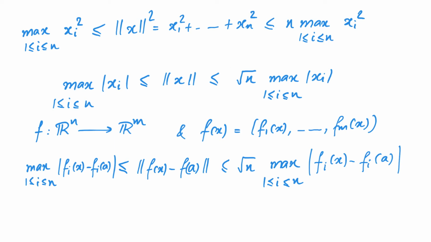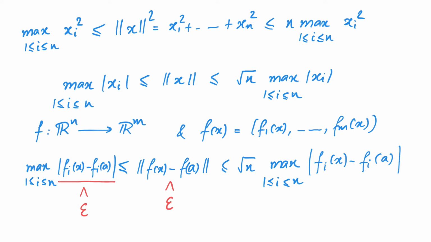Therefore, if f is continuous, given any epsilon, you can choose a delta such that whenever norm of x minus a is less than delta, norm of f of x minus f of a is less than epsilon. But that would ensure that mod of fi of x minus fi of a is also less than epsilon for the same delta. And this implies that fi are continuous for all i.